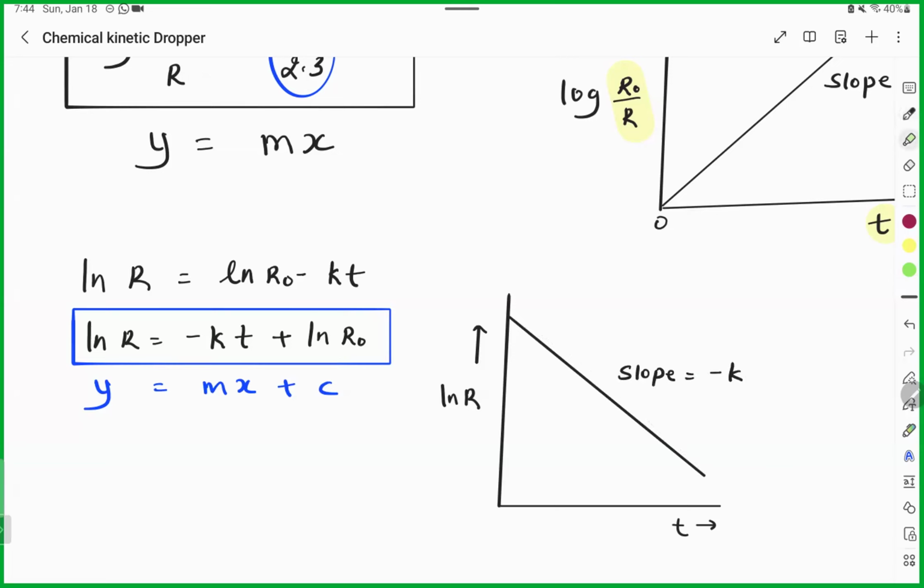Is it minus k? Yes. And here the initial y-intercept value will be log R naught. Correct. Why am I telling you this and why are we taking time?